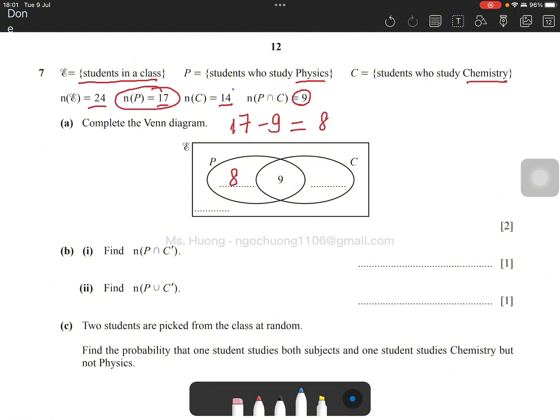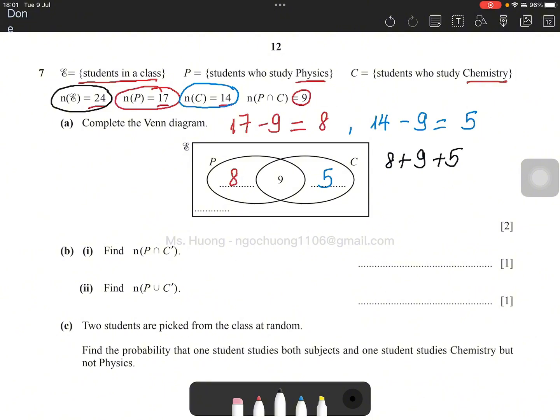Then 14 students study chemistry, so we also subtract 9 from 14, which means 5 students only study chemistry. Finally, the total number of students is 24, and we see that 8 plus 9 plus 5 is 22. So 24 minus 22 is 2, which means 2 students don't study physics or chemistry.